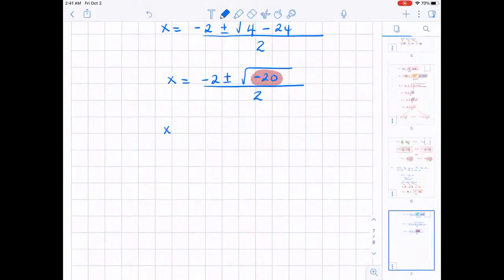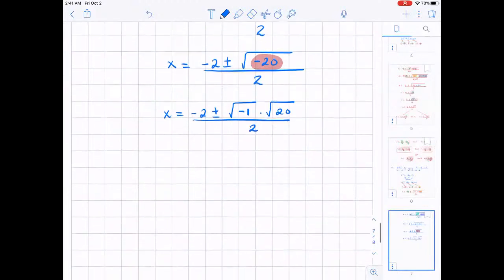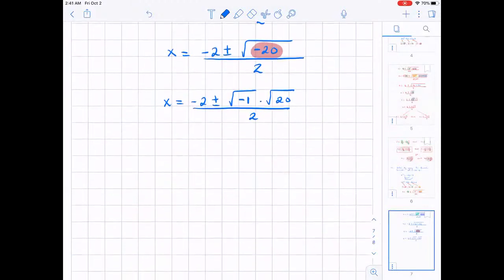So here we have x is equal to minus 2 plus or minus the square root. Let's take out the negative 1 times the square root of 20 over 2. So I'm doing it step by step. You could combine these two steps that I'm doing. And then 20 can also be simplified. So this becomes x is equal to minus 2 plus or minus the square root of negative 1 times the square root of 4 times the square root of 5, everything over 2.